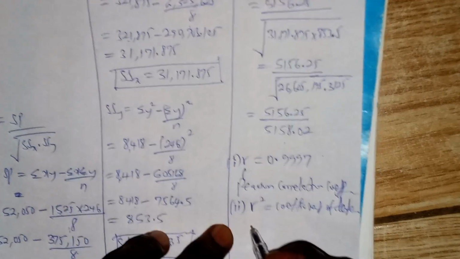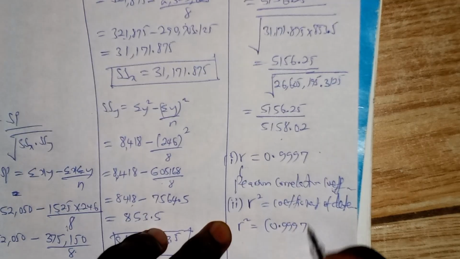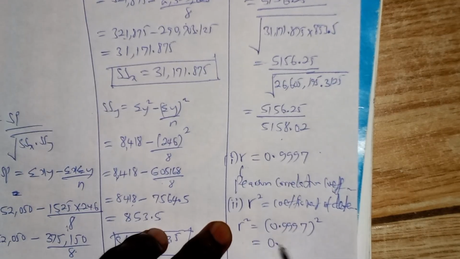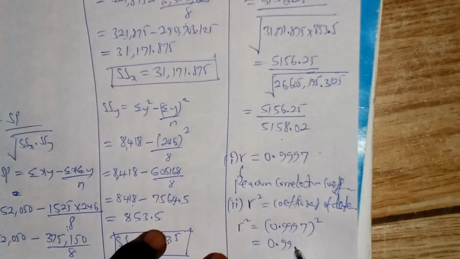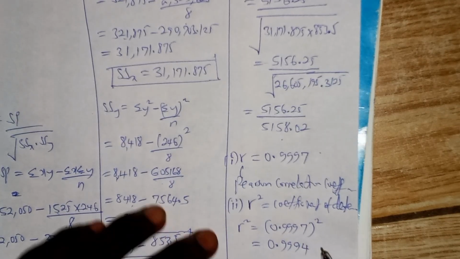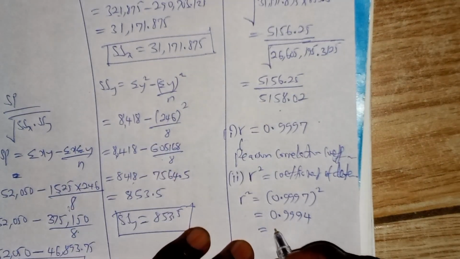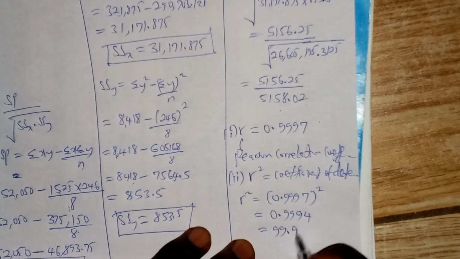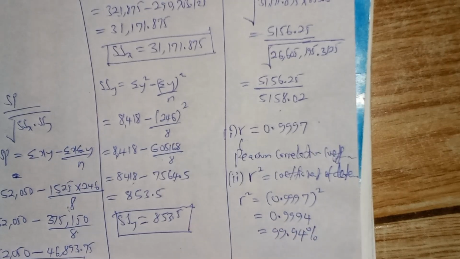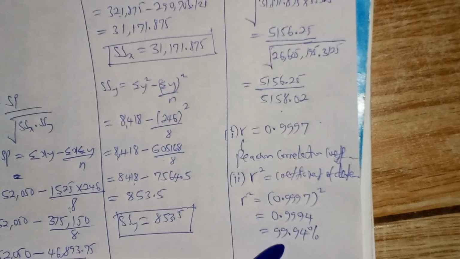So when you square R, R squared is equal to 0.9997 squared, and this will give you 0.9994, right? And this is 99.94%. So this is the value of the coefficient of determination, and you usually see this when you come to interpretation.